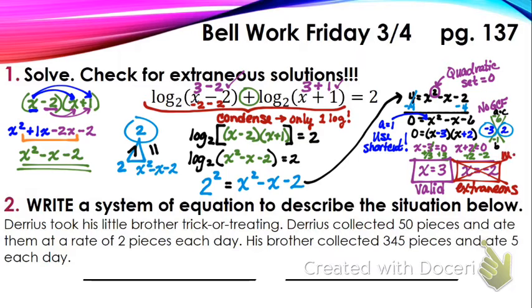It makes one of my arguments negative, and so I have to throw it out. If it's not a valid solution, I did my math correctly, but I got something that doesn't actually work, and so I have to throw it out.